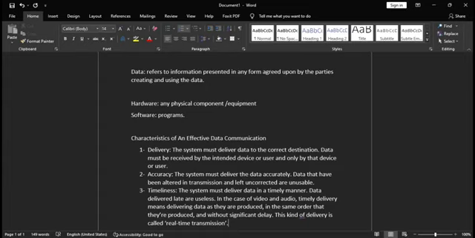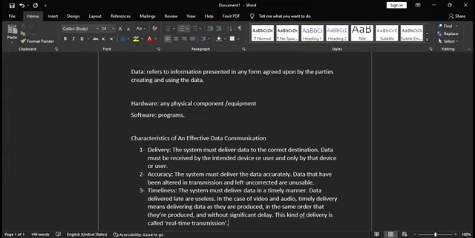Okay? So in the case of video and audio, timely delivery means delivering data as they are produced in the same order that they are produced. Because sometimes you can have the video ahead of the sound, or the sound ahead of the video. There are so many times we have seen things like that. After the video has been transmitted, you notice that there's corruption.